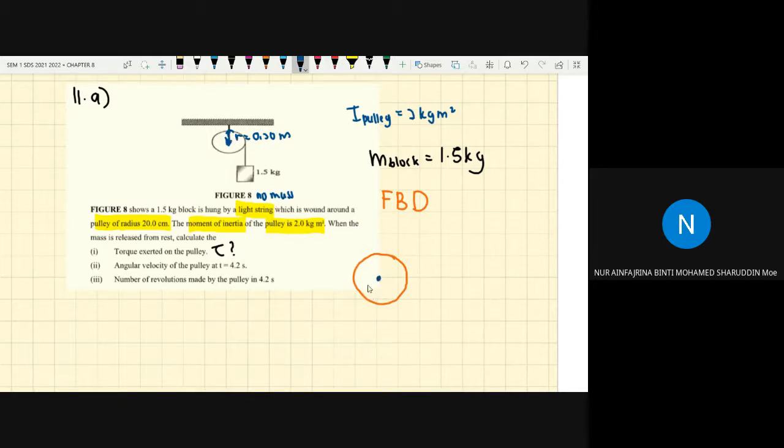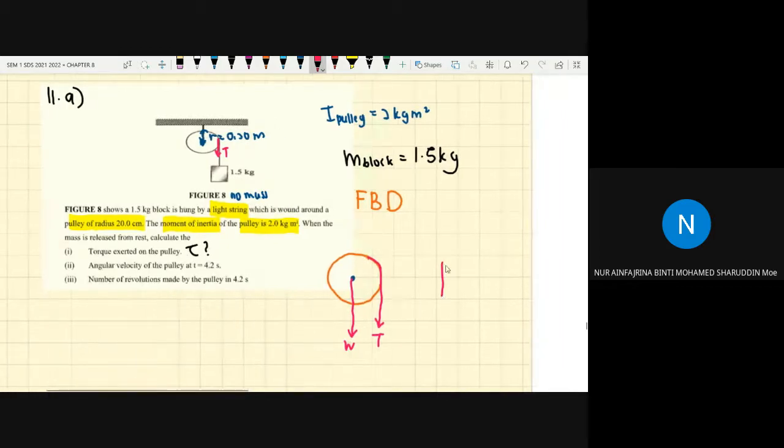Sekarang kita tahu pulley ini dia akan ada force weight dan juga tension. Sebab tali dia, dia akan ada tension ke bawah. Ni untuk pulley. Untuk block kita lukis dia as point mass je. Dekat block dia akan ada tension ke atas dan juga weight ke bawah.